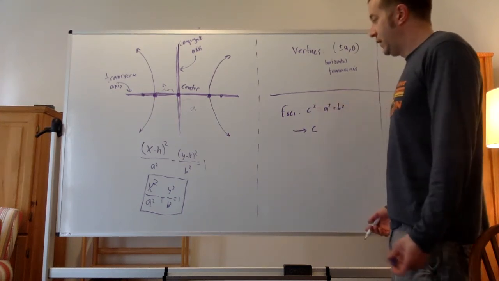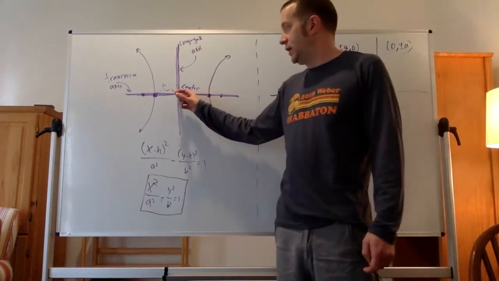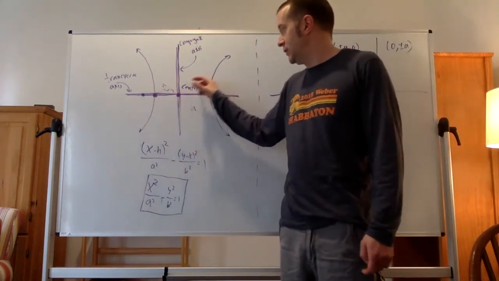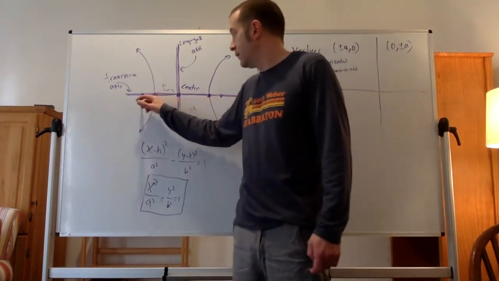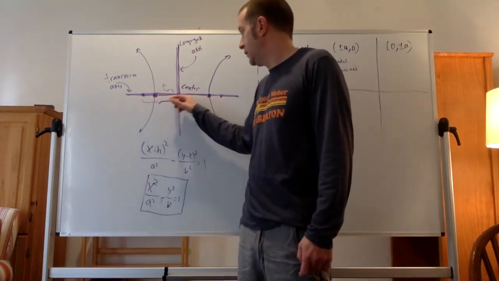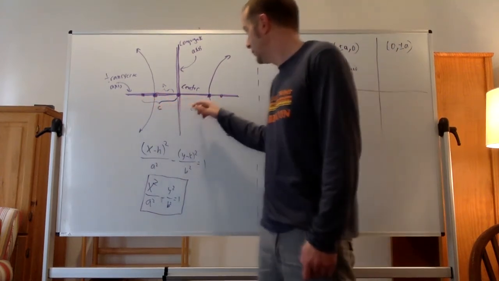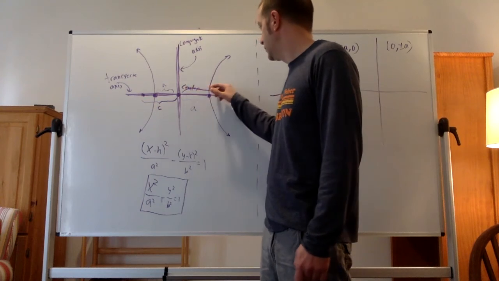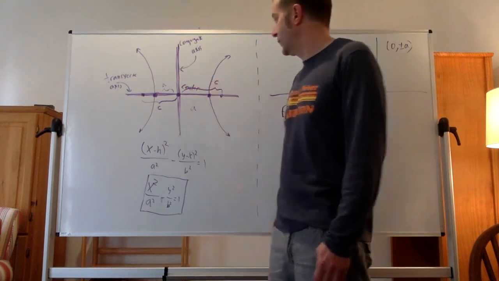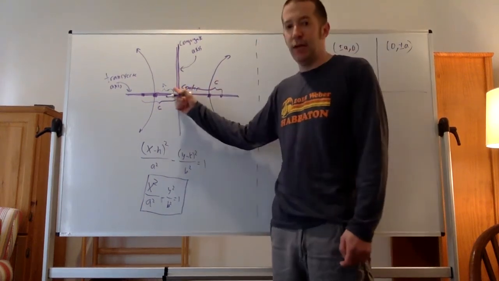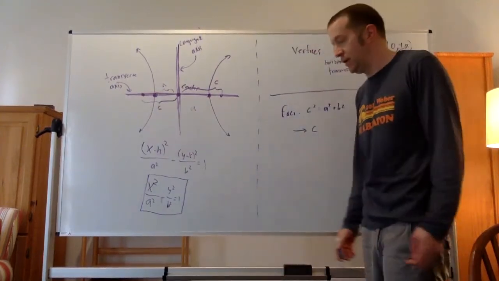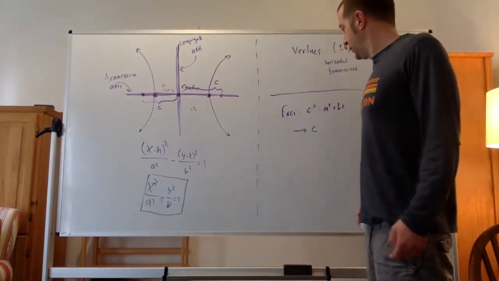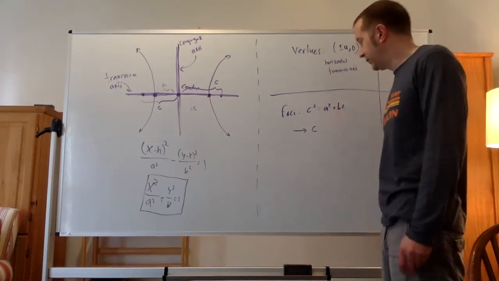And the way that we find the foci is we would then move c units this way and c units that way, again along this transverse axis. So I'm going to have the distance here, which we call c, and the distance here, which is also c. And c needs to be bigger than a, otherwise it's not going to be in the right spot. So if you're trying to solve one of these and you get c is smaller than a, it means you probably subtracted here or something, so don't do that.